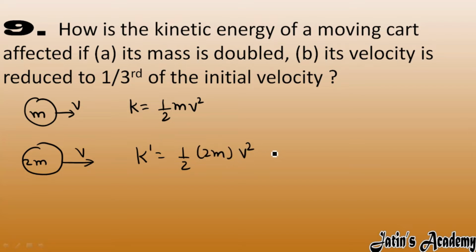Now this 2 is taken out, so here we got half m v square, which is nothing but the initial kinetic energy. So final kinetic energy K dash is 2 times the initial kinetic energy. So I can write that the final kinetic energy gets doubled.